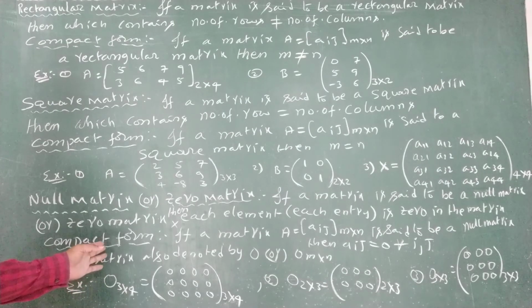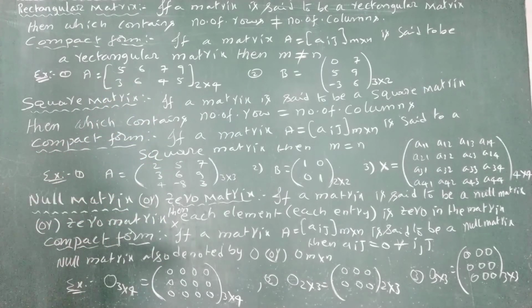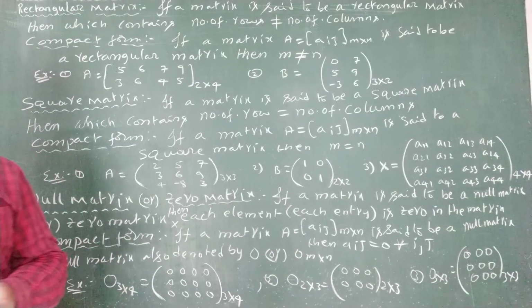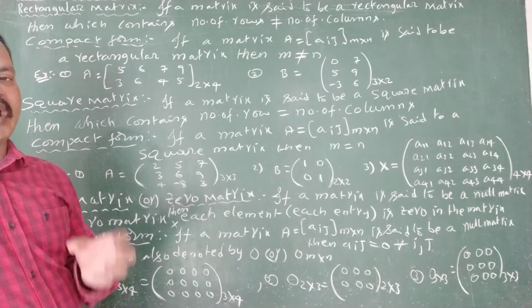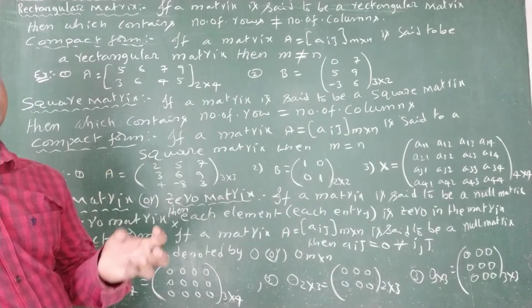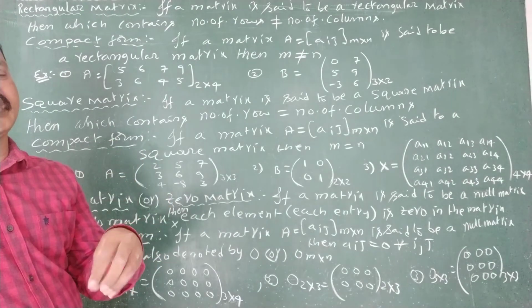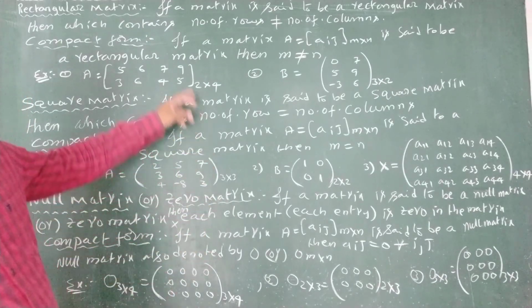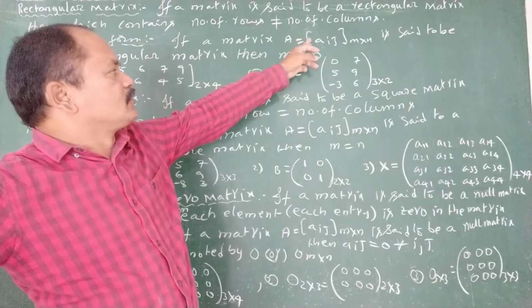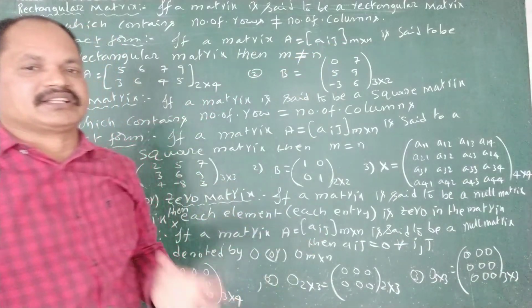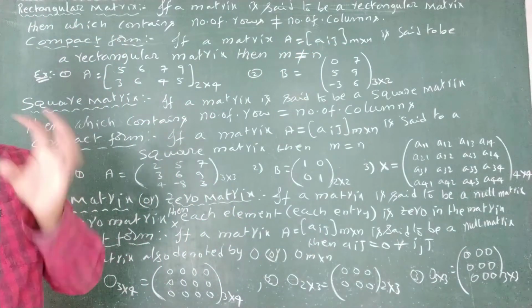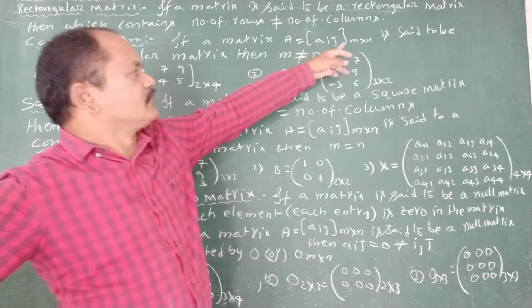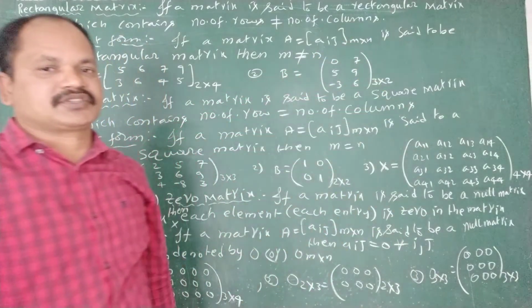So compact forms are very important. A matrix is denoted by a capital letter, and the elements in the matrix by small letters. Compact form: A = [aij] m by n, which contains m rows and n columns.